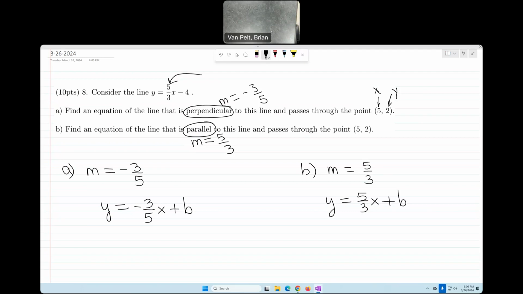So I can replace x and y with those numbers, so y is replaced with 2. And x gets replaced with 5. This is going to allow you to figure out the value of b. Same thing over here. The left one is a little bit easier because the 5 and the 5th cancel each other out.